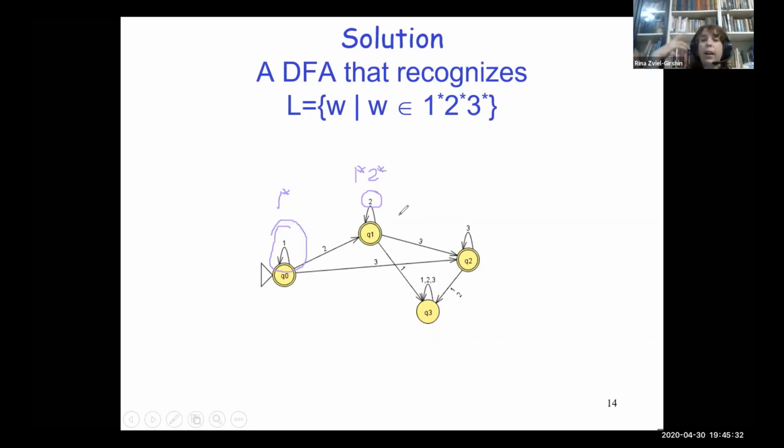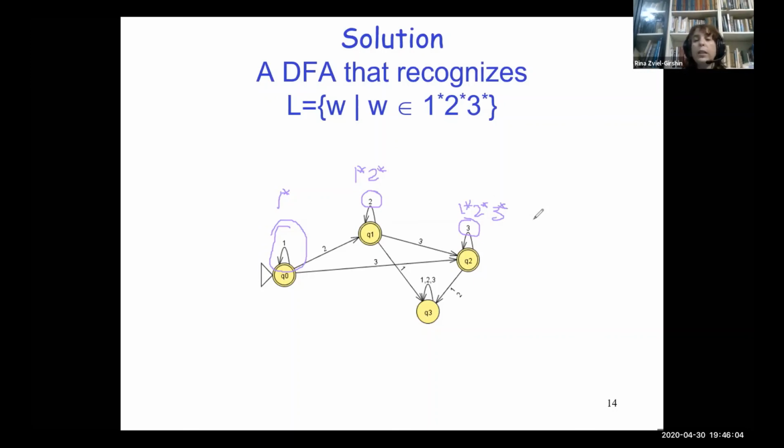If I get 3 in Q1, I decide that I started to receive the suffix of 3s, and I move to Q2 and stay there while I accept 3s. So to move to Q2, I have 1 star, 2 star, and 3 star.